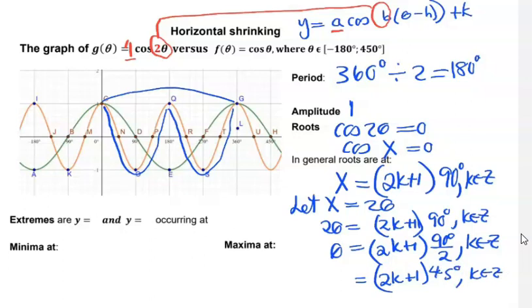And you will notice here, our first one there is at 45 degrees, and then the next one is at 45 plus 90 degrees, which gives us 135. The next one, if I add 180 degrees, I will get there. Or if I put k equal to 0, the first one will be at 45. If I put k equal to 1, I'll get 3 times 45, which gives me 135, etc.